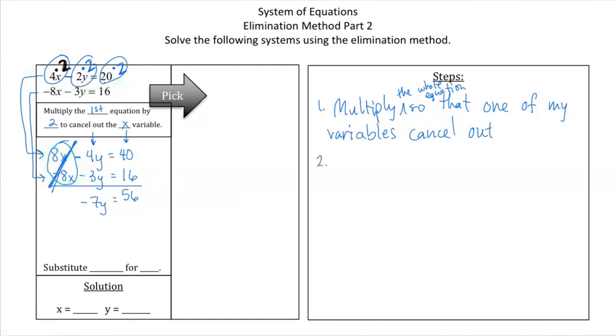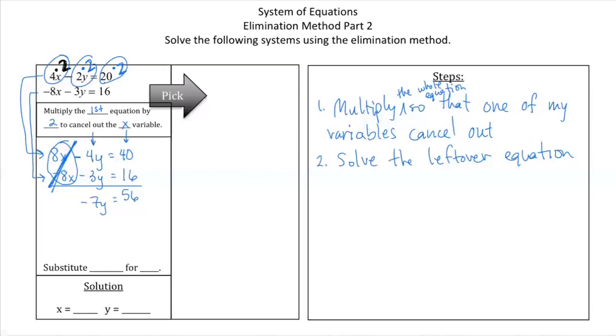Second step, just like we've been doing, is just solve the leftover equation. Go ahead and write that down. Solve the leftover equation.